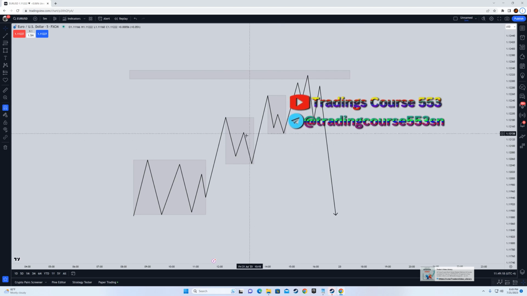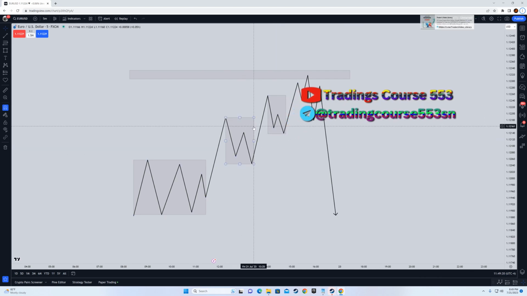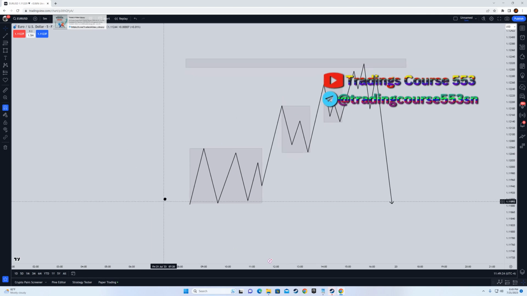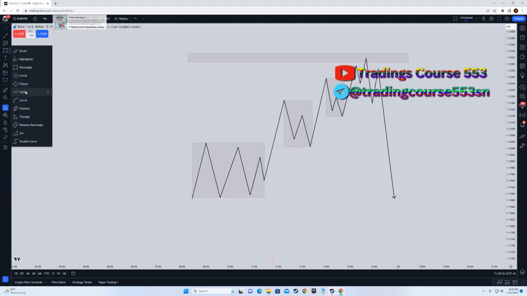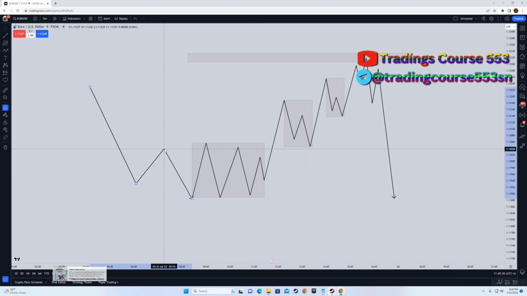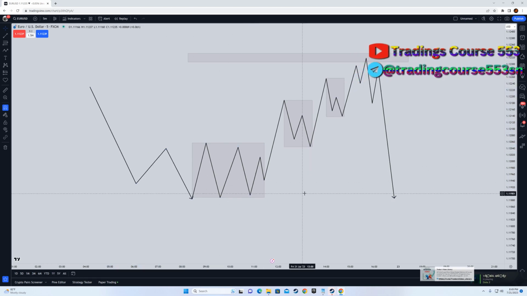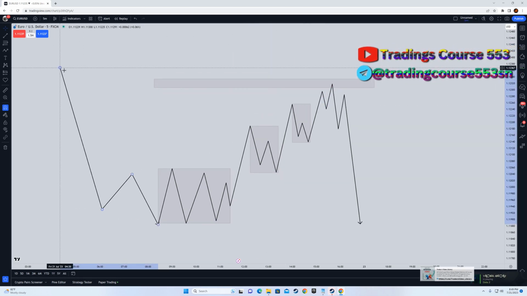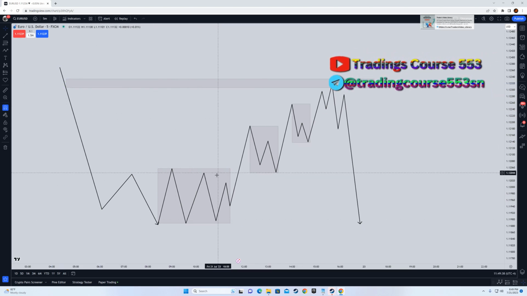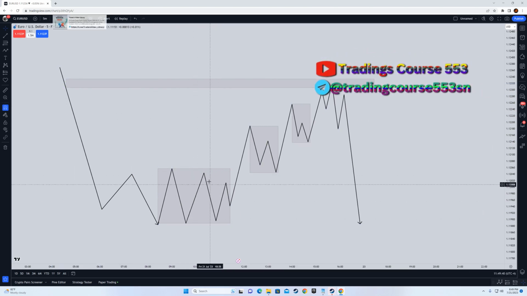Now, these extra consolidation phases are not necessary to see, but you have to identify the main consolidation, right? So let's say price is something like that, and then price consolidates a bit, and you have your high time frame level right there. Now, you have to identify a clean consolidation.